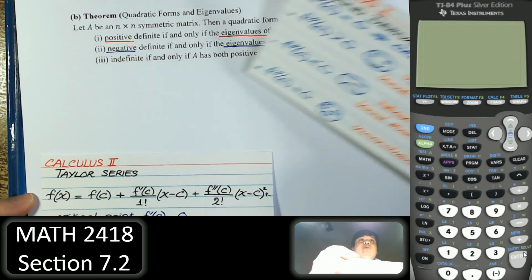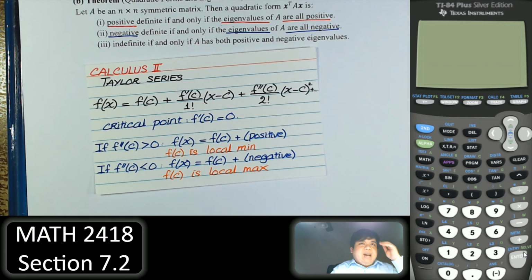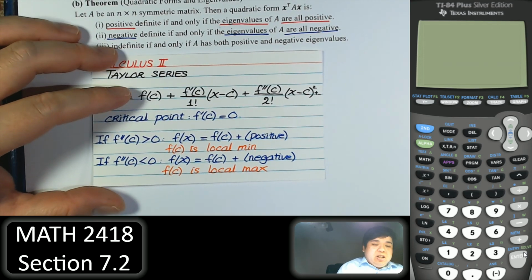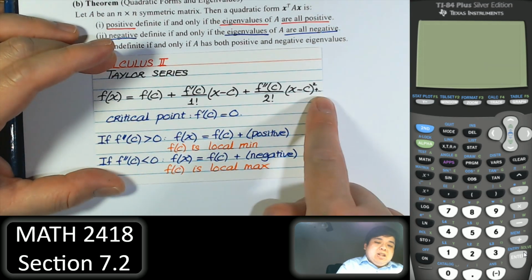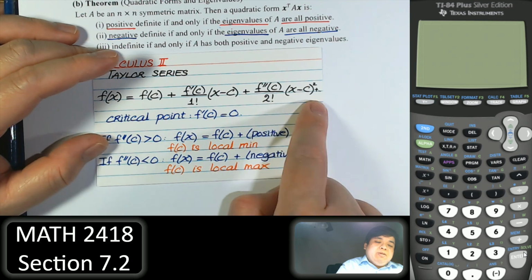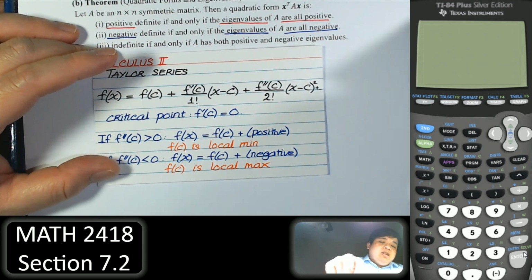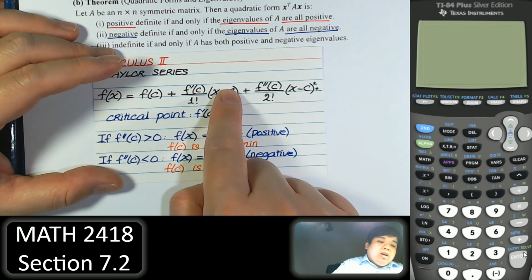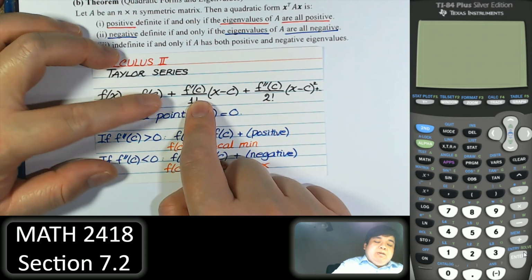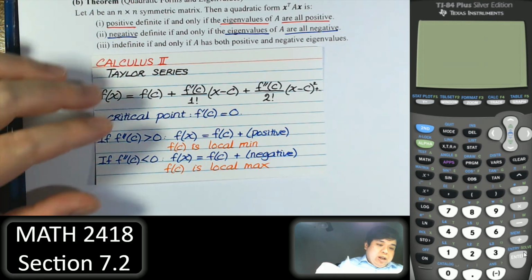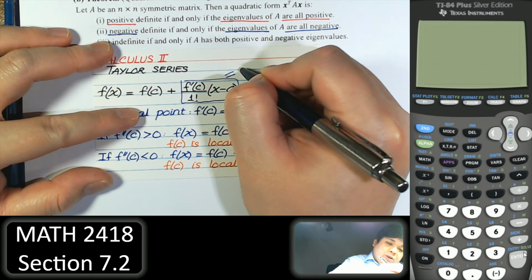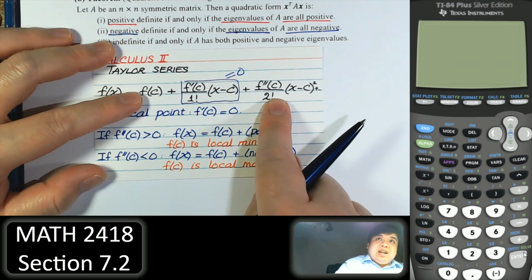Okay. Now we go to Calculus 2. In Calculus 2, we don't actually have positive and negative definite, but what we have is a Taylor series. A Taylor series like this, I only write up to the second derivative. Once again, the concept is the same as before. We want the first derivative equal to 0, so that term is 0, and we just have that and the second derivative term.